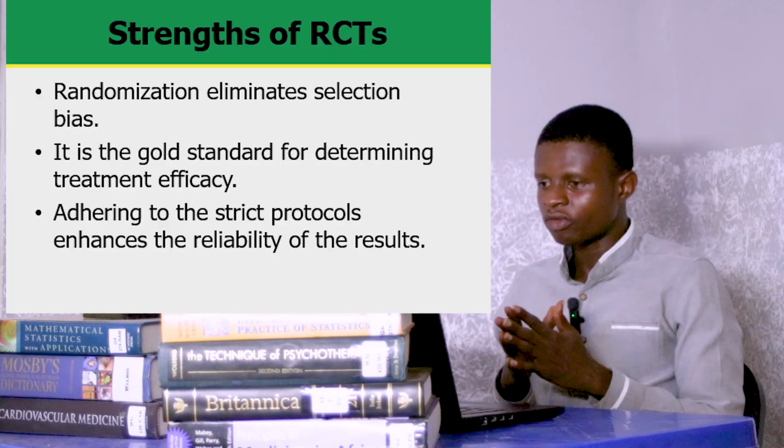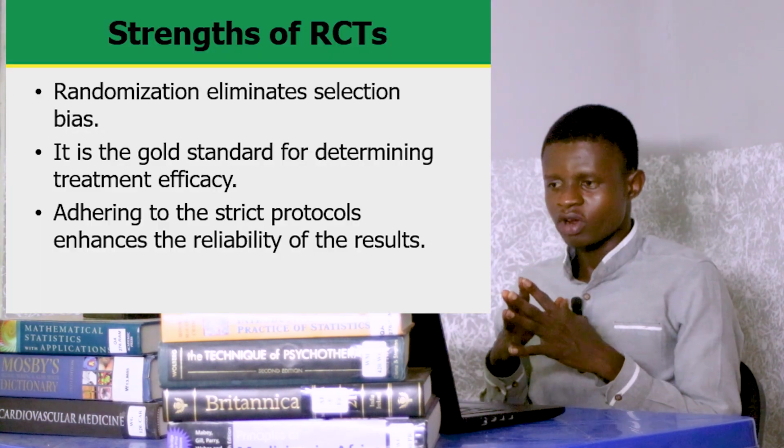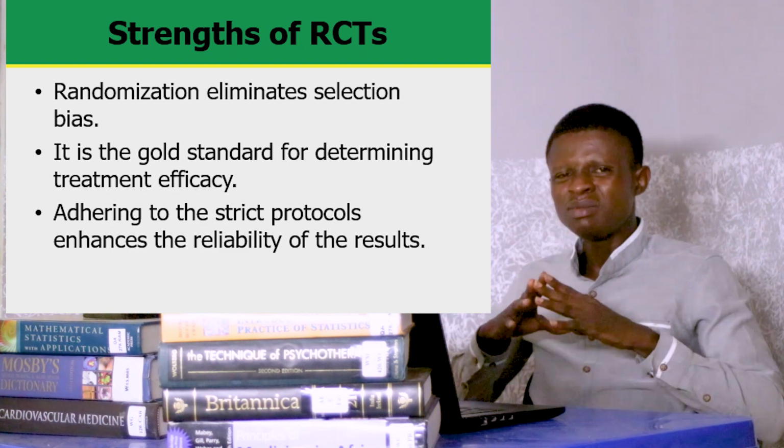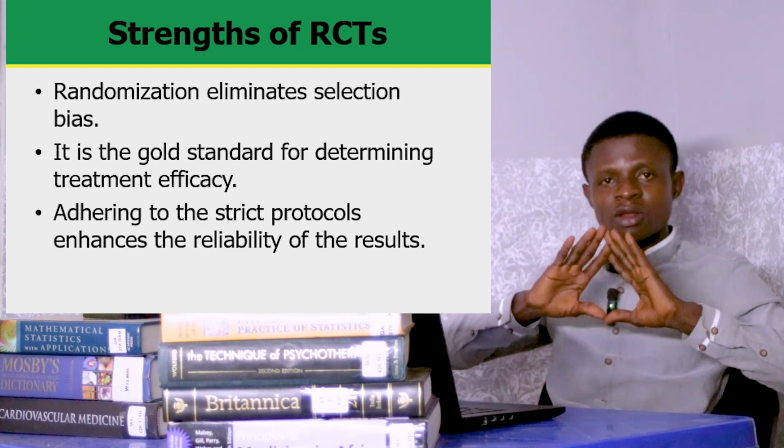Then we come to the strength of randomized control trial. In a randomized control trial, randomization eliminates selection bias. So there is nothing like selection bias. Everybody gets an equal chance to be recruited in your study.